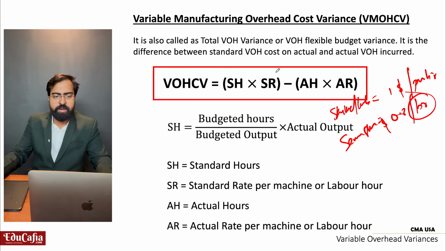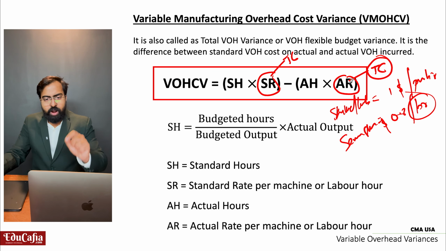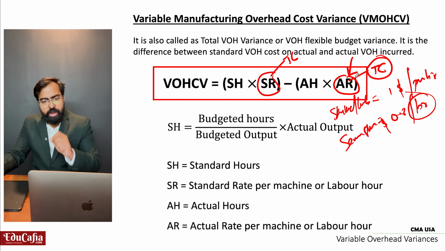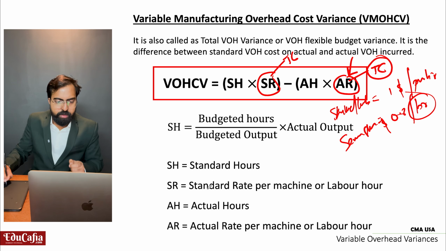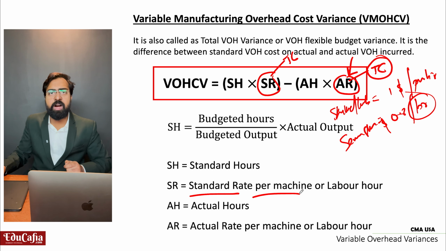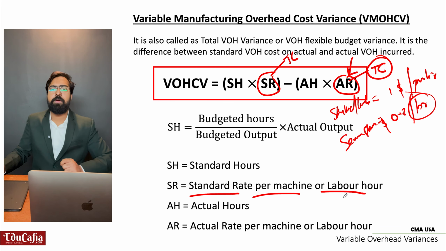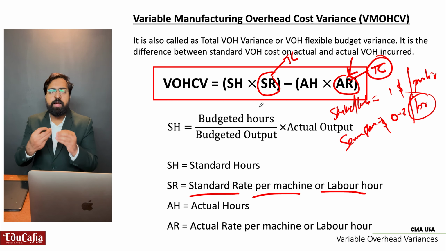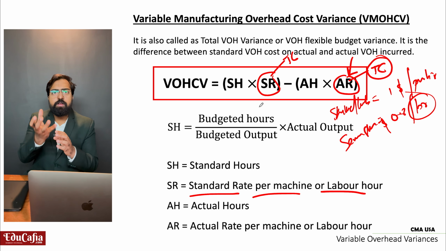The standard rate is given here as a total cost. In the actual rate also we will get the total cost in the question. So to get the actual rate, you have to convert it to a rate per machine hour or per labor hour. When will manufacturing overhead increase?